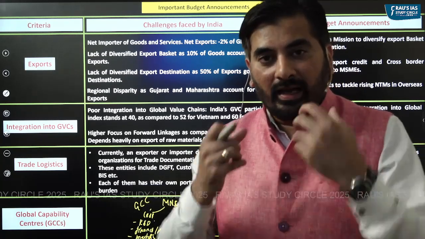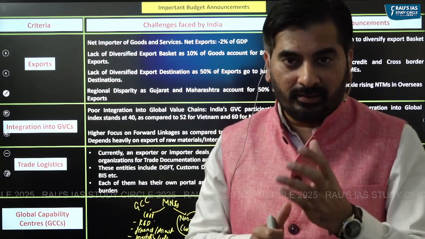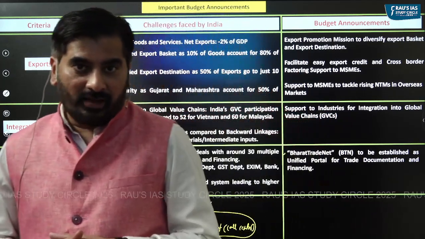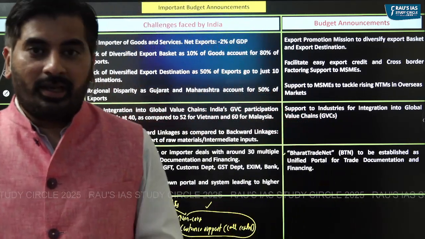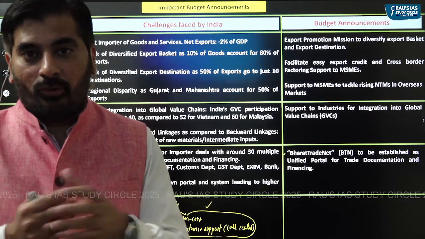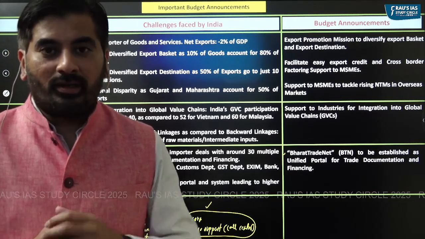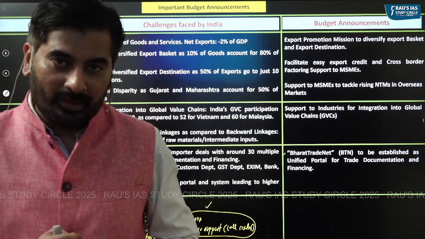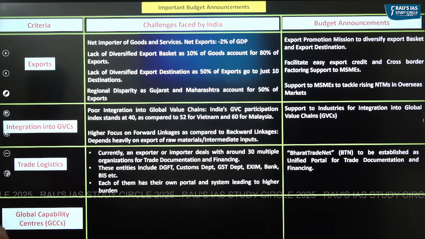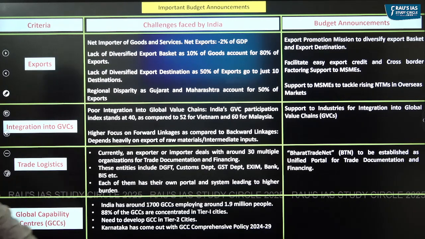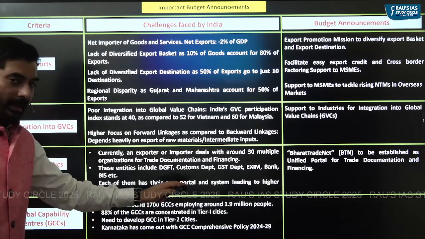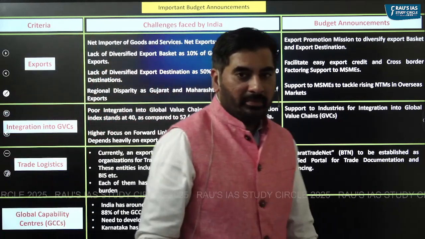And the significance of that is, number one, it creates jobs, particularly in the high-end sector. Apart from that, it will boost our GDP. And more importantly, it will also boost our exports, right? So presently, with respect to global capability centers, India has around 1,700 global capability centers employing around 1.9 million people.